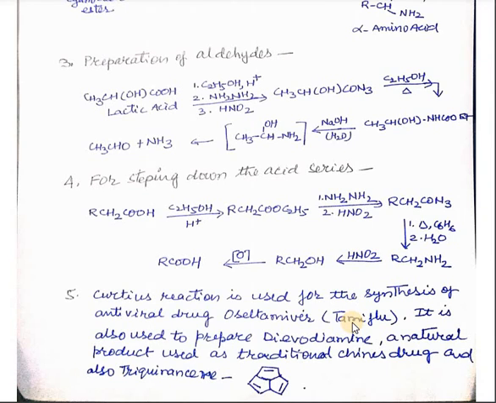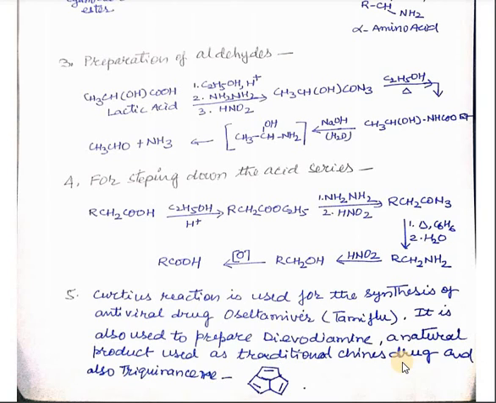This drug is very widely used for the treatment of avian flu. It is also used in the preparation of dihydrocodeine... diiodamine, a natural product which is used in traditional Chinese drugs.